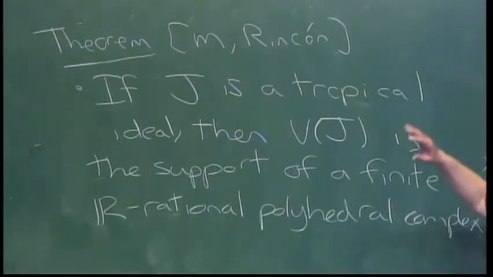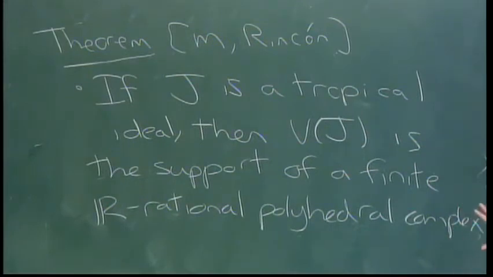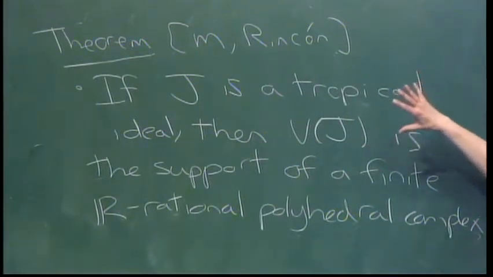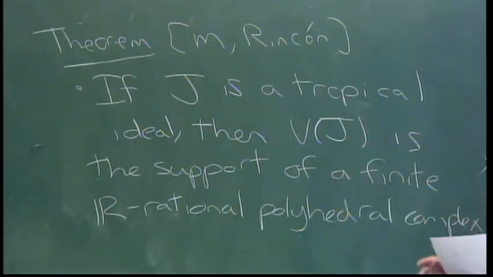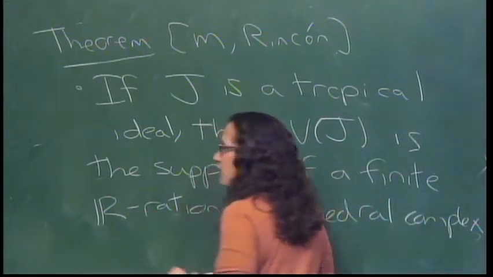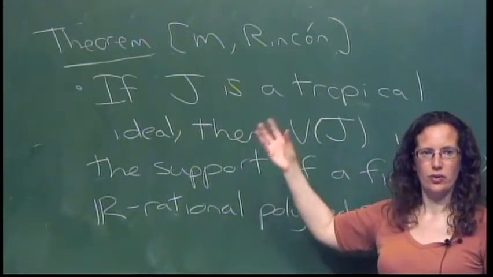Okay, so what do we mean? We saw in the pictures, which I just erased, that if we don't put the tropical ideal condition down, then the variety of an ideal in the semiring of tropical polynomials can be fairly arbitrary. What we're saying here is that it's the support of a finite polyhedral complex. What do I mean by R-rational? This means, again, the facet directions are rational, but the vertices might be real.